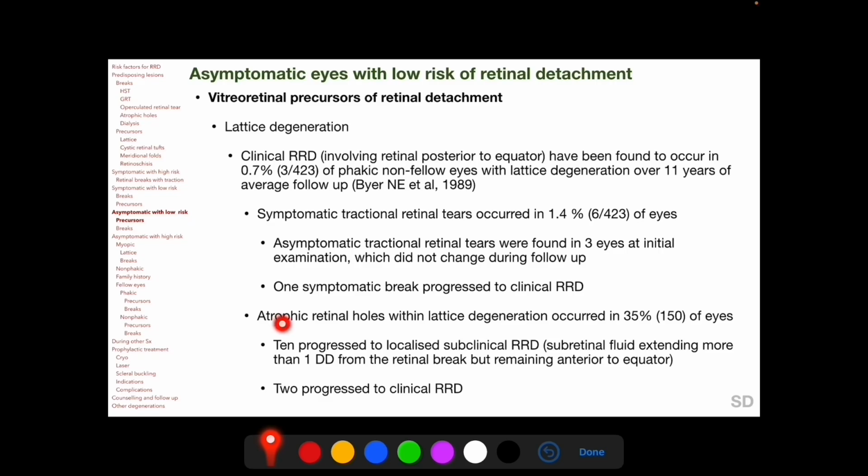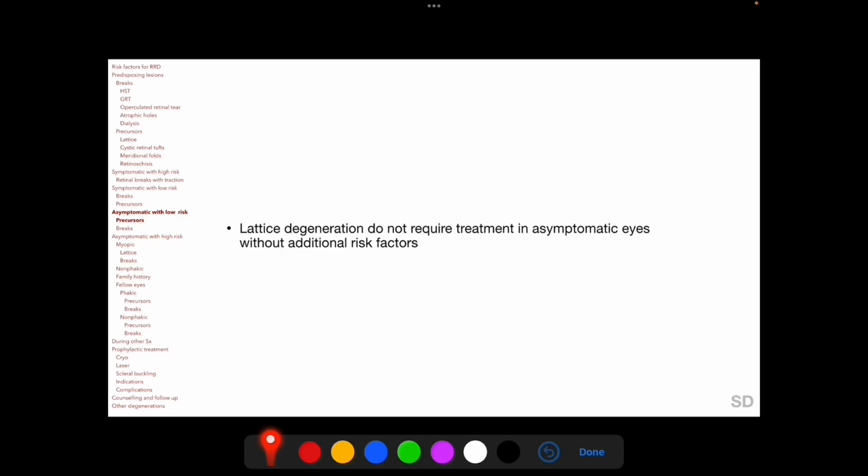But atrophic retinal holes within lattice degeneration occurred in a much larger proportion of eyes. So, as lattice degeneration in asymptomatic eyes has a low risk of progression to RRD, lattice degeneration in these eyes does not require treatment in the absence of additional risk factors.